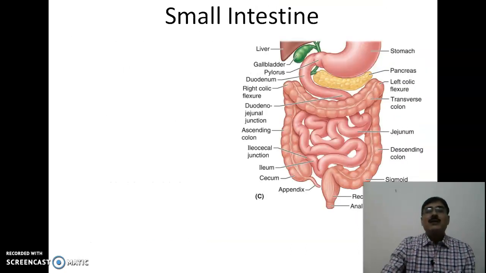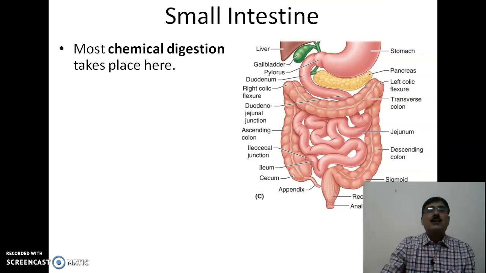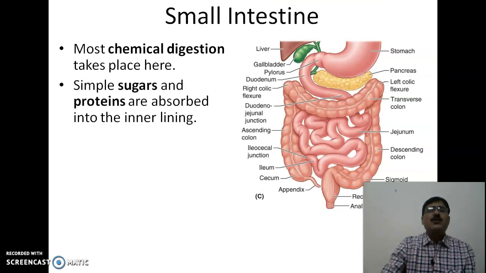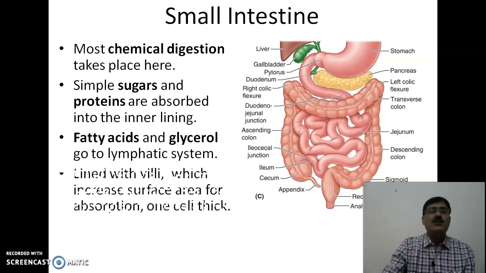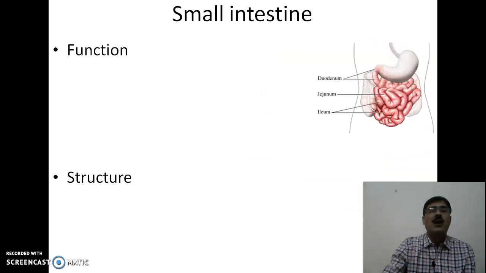In the small intestine, the chemical digestion takes place. Sugars and proteins are absorbed in the inner lining. Fatty acids and cholesterol go to the lymphatic system and lacteals within the villi, which we have already discussed earlier.